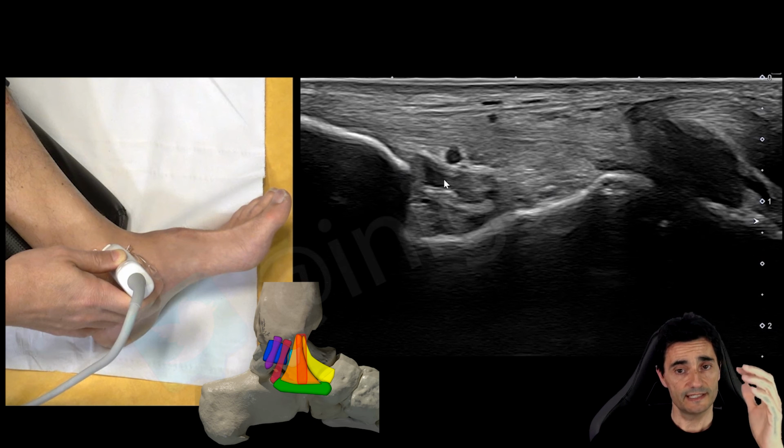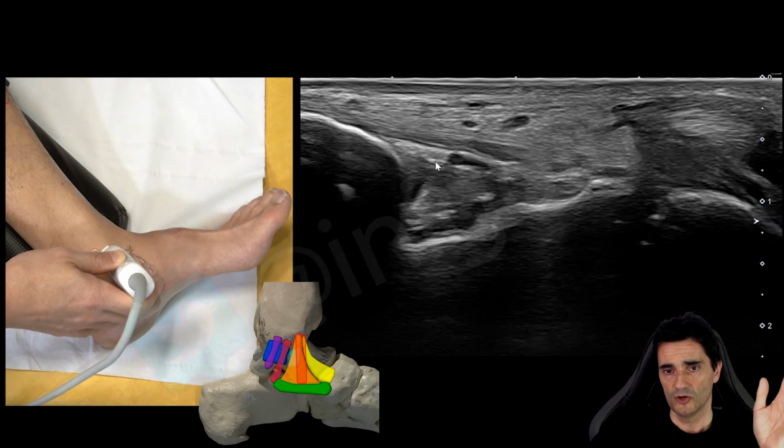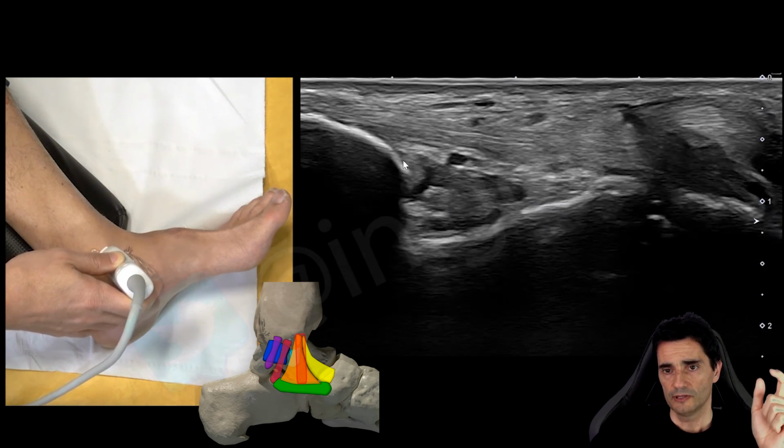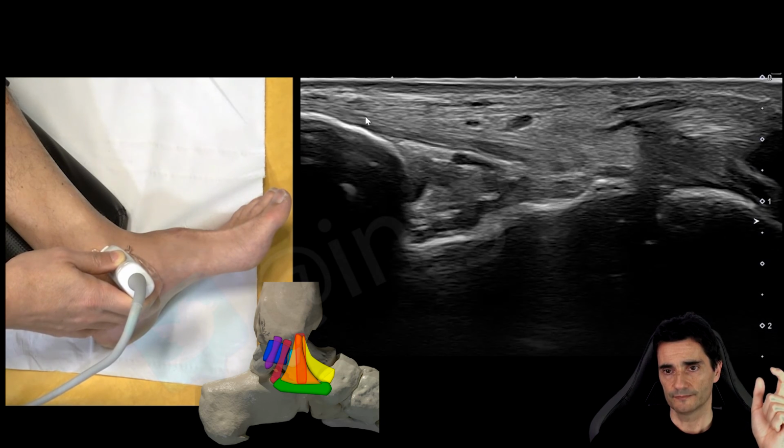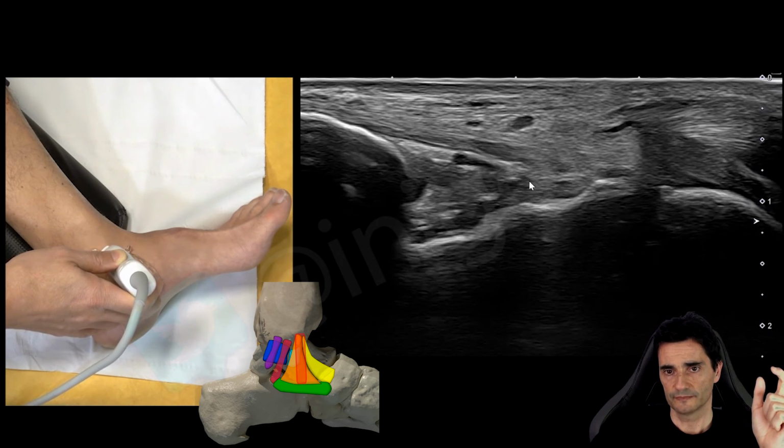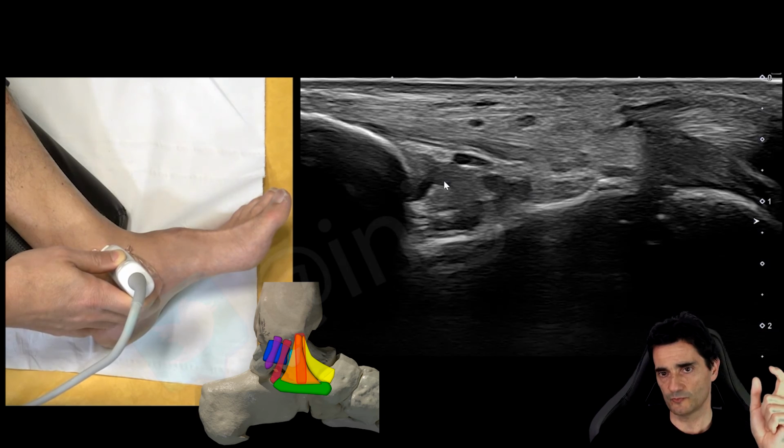But sometimes this component is difficult to see and sometimes it's not present. Some authors say 50% of the patients don't have this ligament. In this case, this is the image of the anterior tibiotalar ligament here. This is the tibiospring. Always check below the tibiospring.